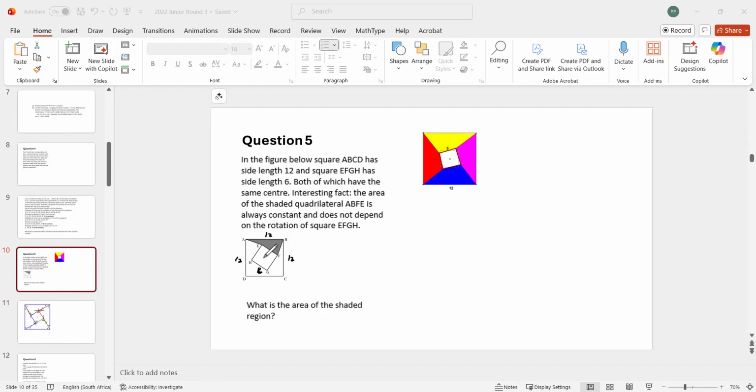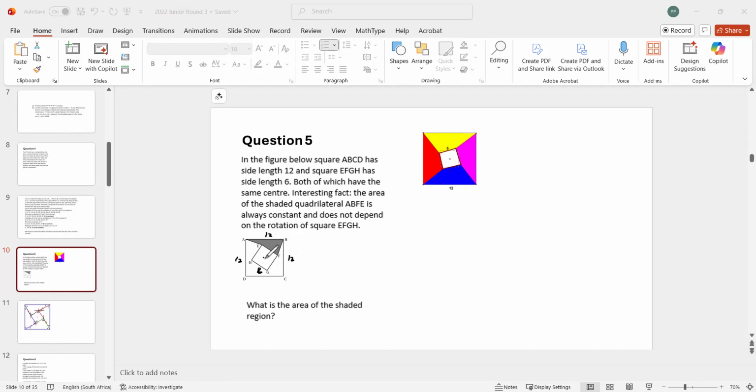Okay, in other words, the center of the small square is the same as the center of the big square. Interesting fact, the area of the shaded quadrilateral ABFE is always constant. It does not depend on the rotation of square EFGH.